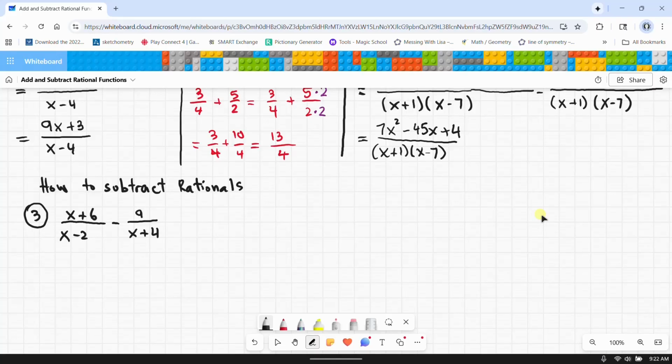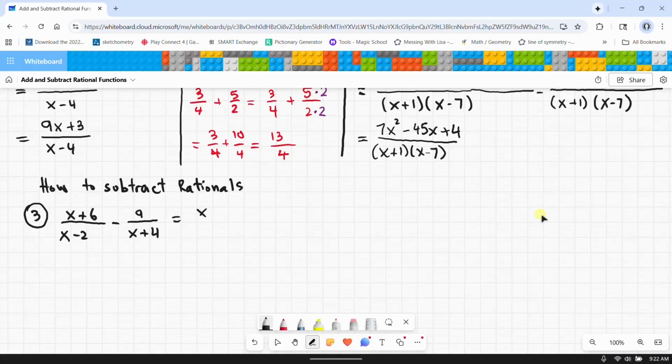So adding and subtracting concepts are very much the same. You have to have a common denominator. So here to find the common denominator, we're going to cross. We're not really cross multiplying, but we are cross multiplying in the same terms.